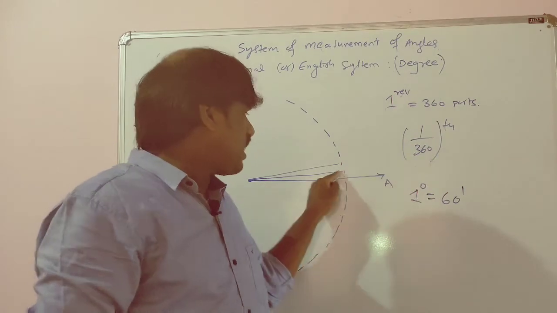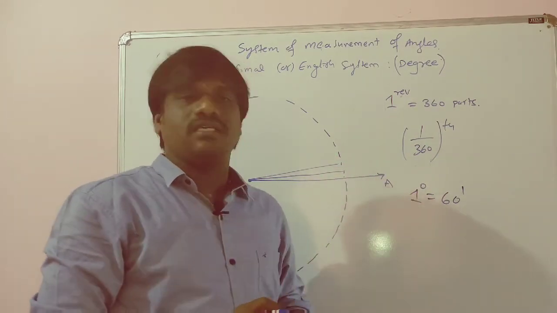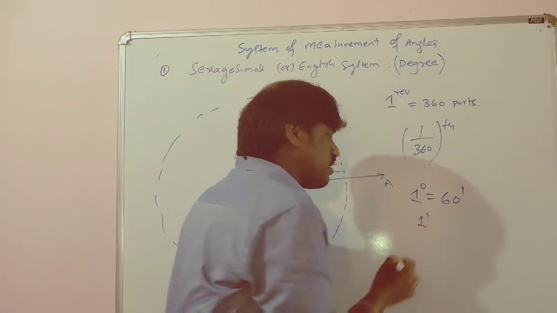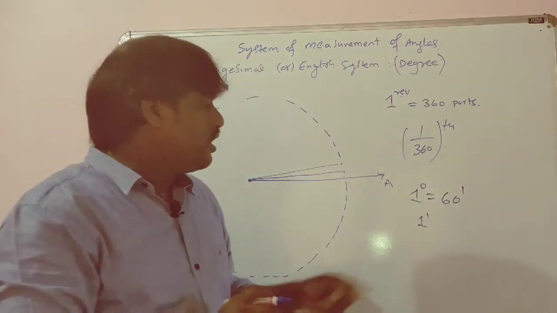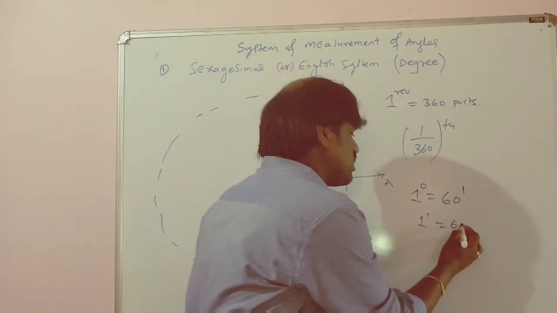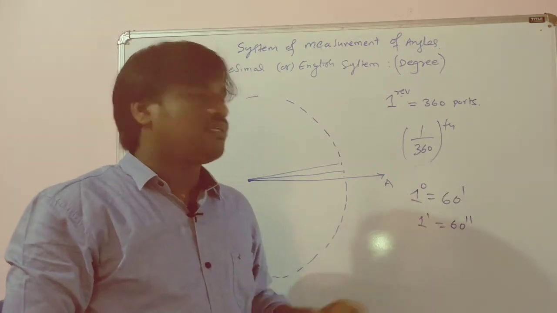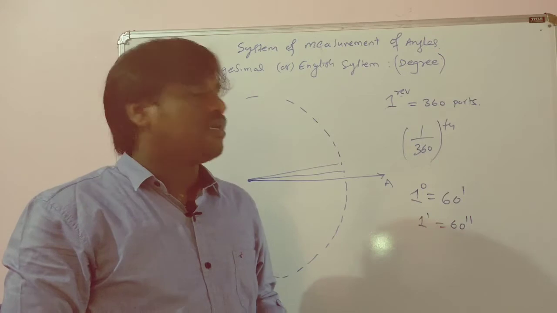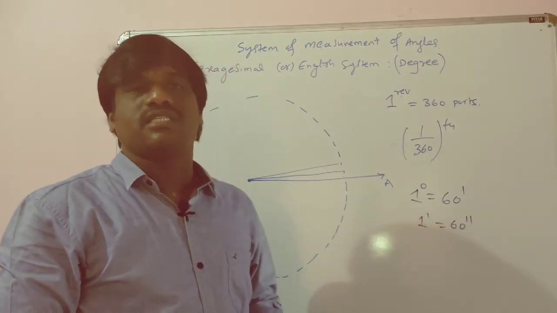Then 1 minute is divided into 60 equal parts, that is equal to 60 seconds. So 1 minute is equal to 60 seconds.